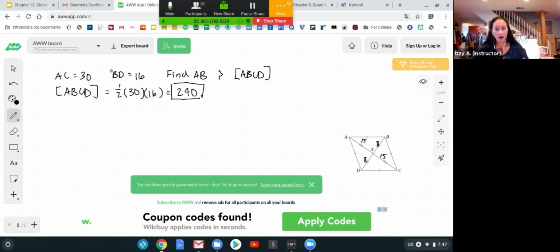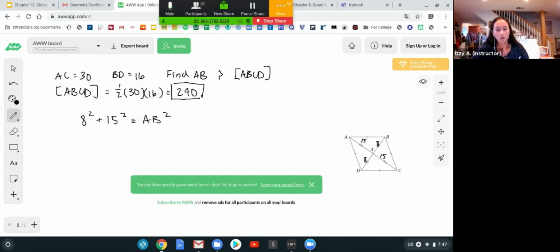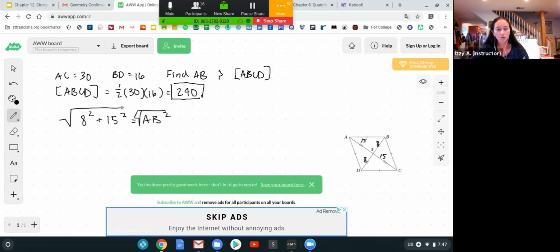You might have noticed that 8, 15, and blank is a Pythagorean triplet. But I can write it out too. It would be 8 squared plus 15 squared equals AB squared. Then you square root.